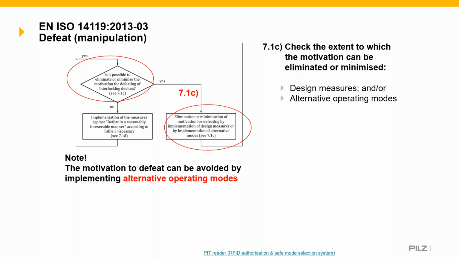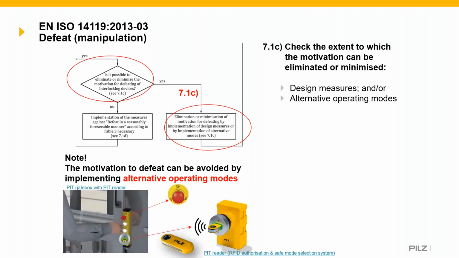The motivation to defeat can be avoided by implementing alternative operating modes. So if we introduce modes of operation, this can make the interlocking device unnecessary or unattractive. So by introducing permission keys, such as a PIT gate box with PIT reader, we can restrict operating conditions to authorized and trained personnel only.